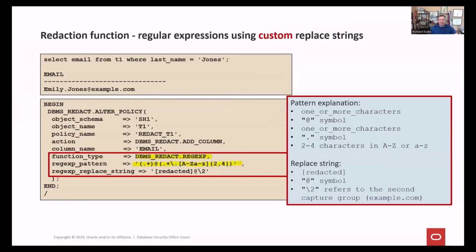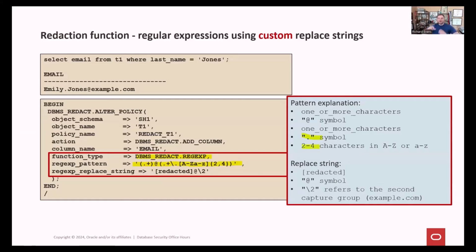And then our pattern over here on the right explains that this first portion means 1 or more characters, right? And then we see the @ symbol, and then we do 1 or more characters. That would be the domain. And then we see a dot. So we know there's a dot in there somewhere. And then we know that there's 2 to 4 characters after the dot that are A to Z, capitalized or not, right?